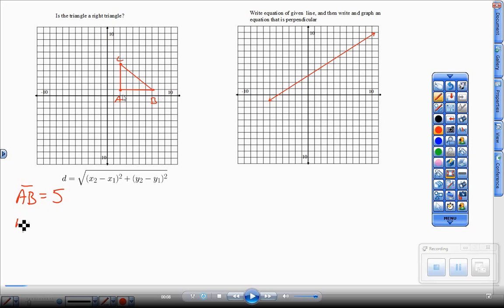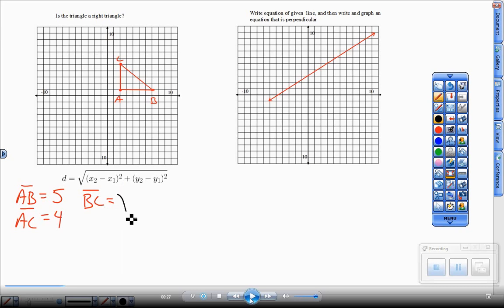To find two of these lengths, I could see all I'm doing is counting straight boxes. Straight 5 for AB, 4 for AC. But when I go to count boxes for CB or BC, I can't just count boxes. I need to use this distance formula.